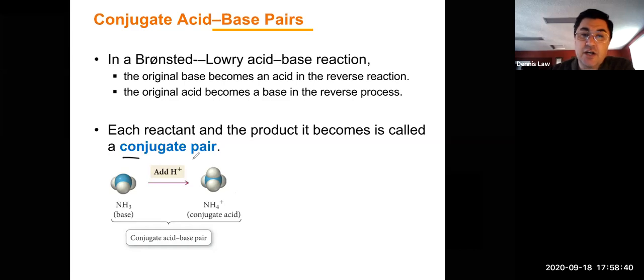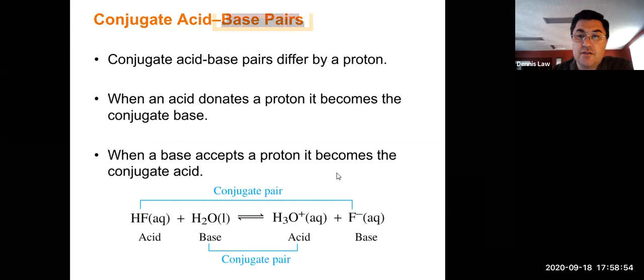That's called a conjugate pair. So ammonia and ammonium are a conjugate acid-base pair, and they differ by a proton.